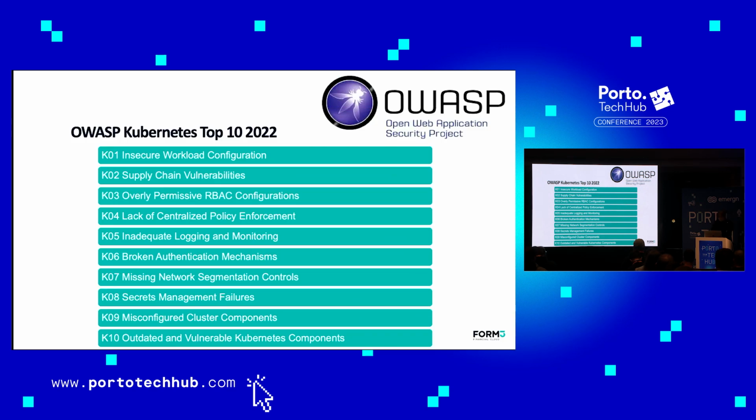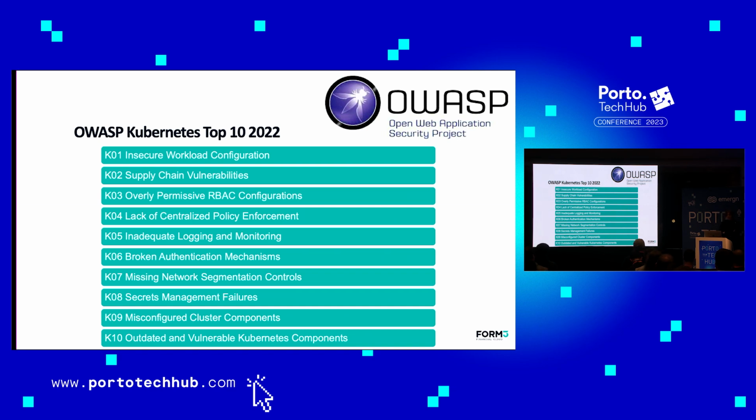And then what we are going to explore in our demos is also K4, lack of centralized policy enforcement, and it's very well connected to K1. Why? Because basically our Kubernetes cluster should reject any misconfigured workload.